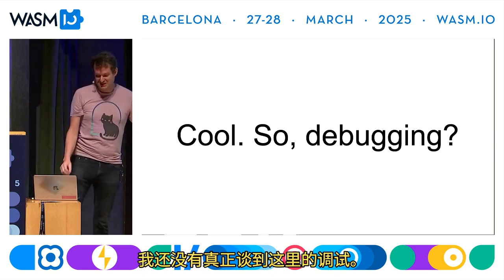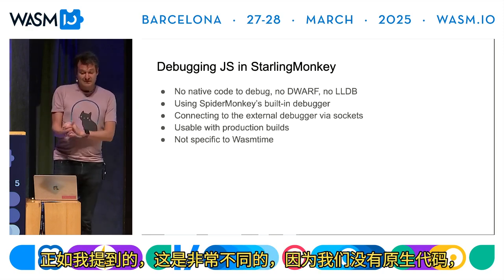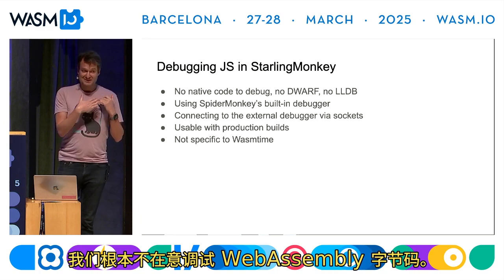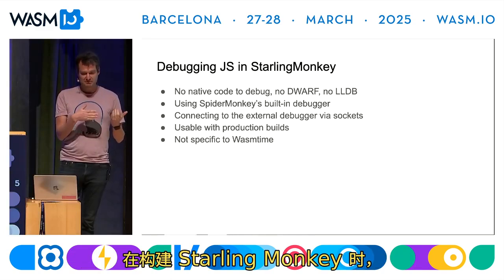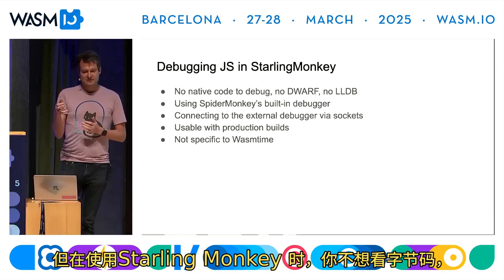Debugging. I didn't really talk about debugging here so far. As I mentioned, it's very different in that we don't have native code. We're actively not interested at all in debugging the WebAssembly bytecode. In building StarlingMonkey we are, but in using StarlingMonkey, you don't want to look at the bytecode.